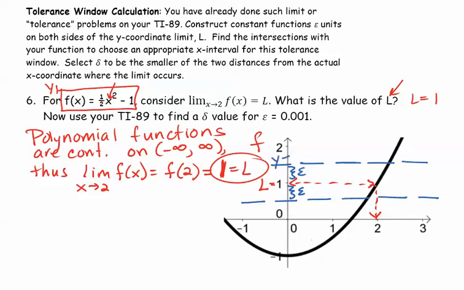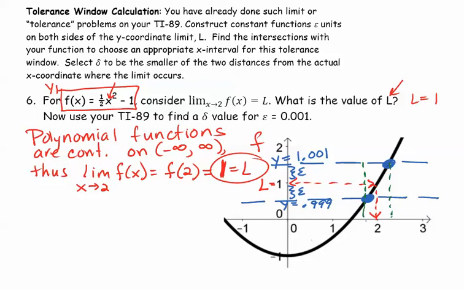Well, this horizontal line is y equals 1.001. We went 1/1000th above our limit, and this horizontal line down here would be y equals 0.999, 1/1000th below. And then what we're going to be interested in on our calculator, and you've done this before, we specifically did this earlier so that when you see these problems, they would seem very straightforward.